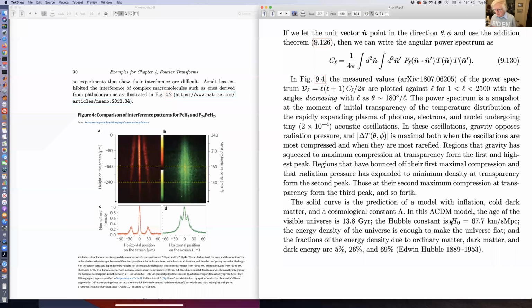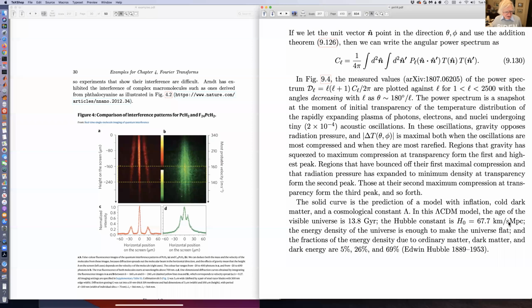The parameters that went into this: lambda is the density of dark energy, sorry. The Hubble constant is taken as 67.7 kilometers per second per megaparsec. A megaparsec, I understand, is of the order of 3 million light years, and this megaparsec is really a stupid unit.